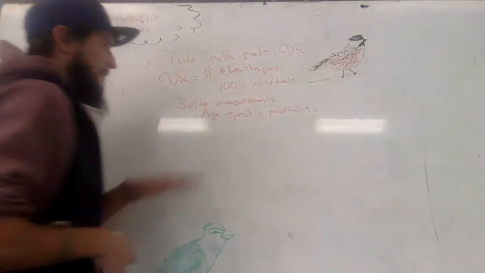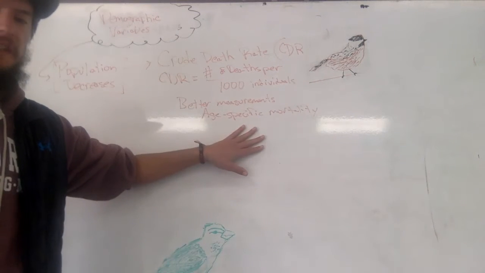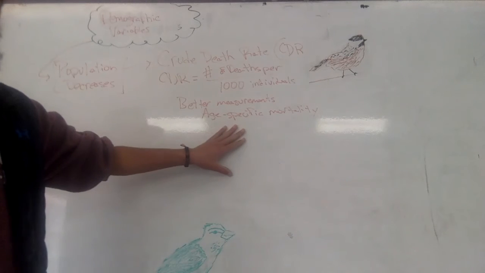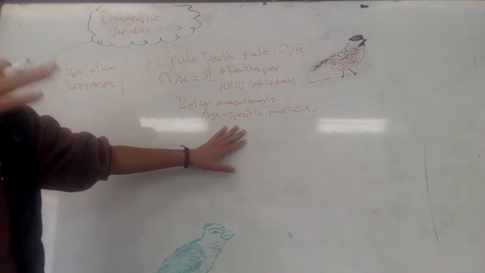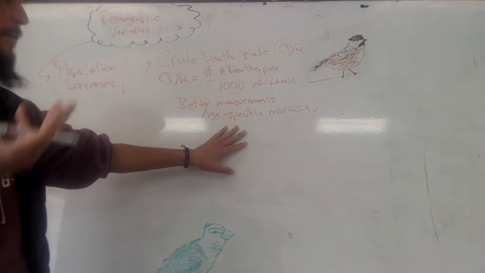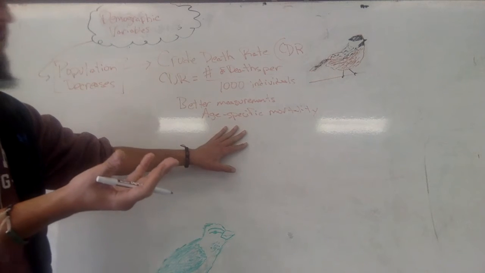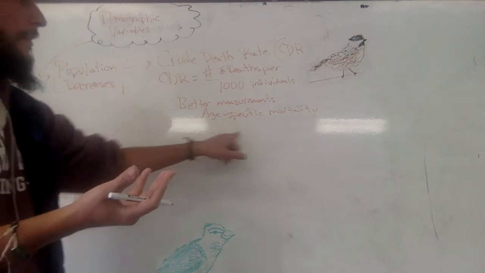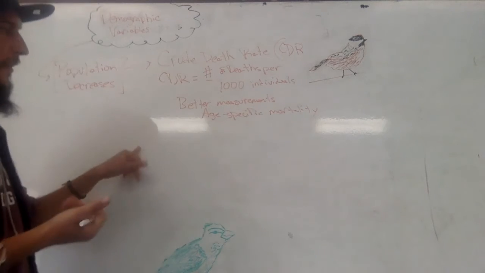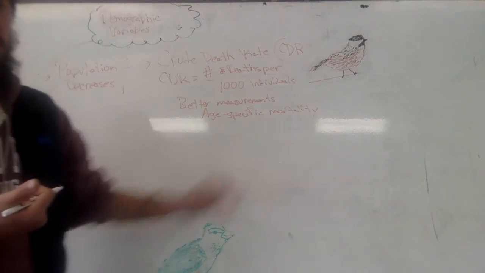If you have age-specific mortality, then you can actually see whether it is older folks who are dying, or somewhere in the middle. Perhaps you have one country where there are higher rates of childhood mortality. This would tell you whether these people have a longer or shorter life expectancy.